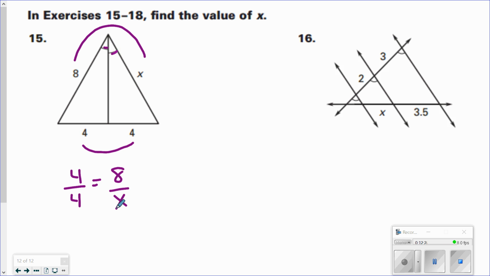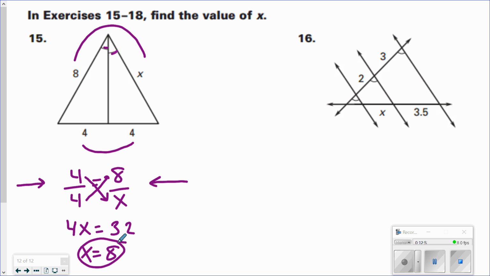So right away, we kind of see what x should be. It should be 8, right? Because our ratio on this side is 1, which means our ratio over here should also be 1. But let's just cross multiply. That way we can practice. So 4x is equal to 4 times 8, which is 32, meaning that x is equal to 8.